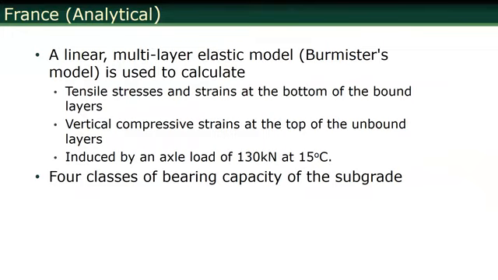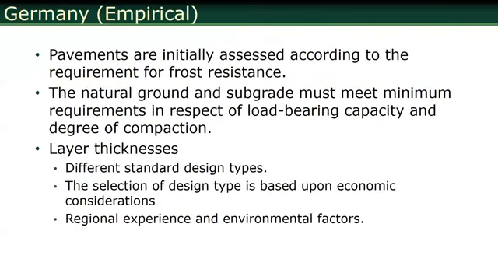And then they also look at compressive stresses, vertical compressive strains at the top of the unbound layers, so essentially base, induced by a certain 130 kilonewtons at 15 degrees Celsius. So they have a modulus that corresponds to this value, an average modulus for that area, and they use that in their designs. And they use 4 classes of bearing capacity of the subgrade.